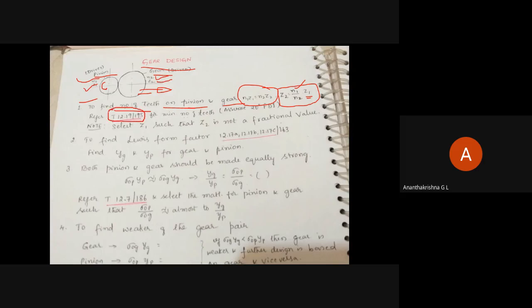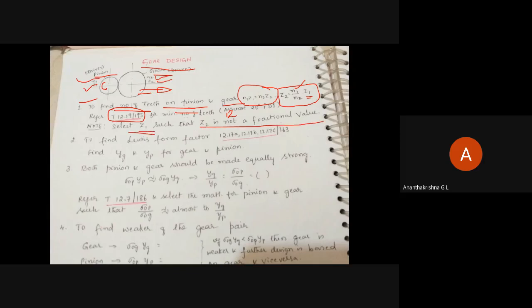For a 20-degree full depth involute, the minimum number of teeth that you should choose is 12. Similarly, for 14.5 degree, you will have different values, and for 20-degree stub, you will have different values. And select Z1 such that Z2 is not a fractional value.